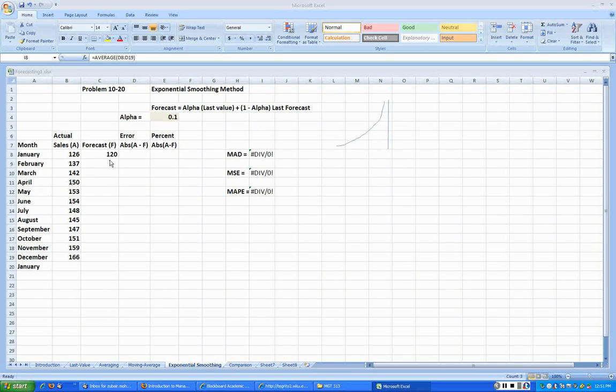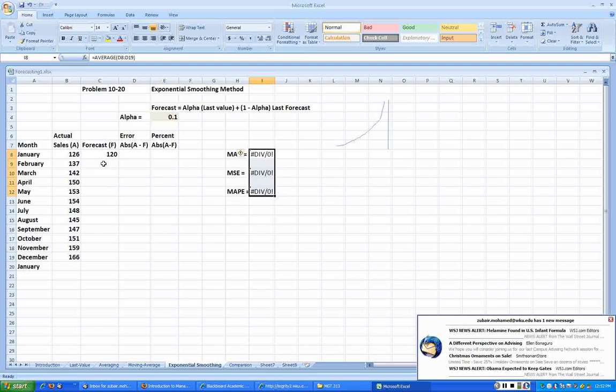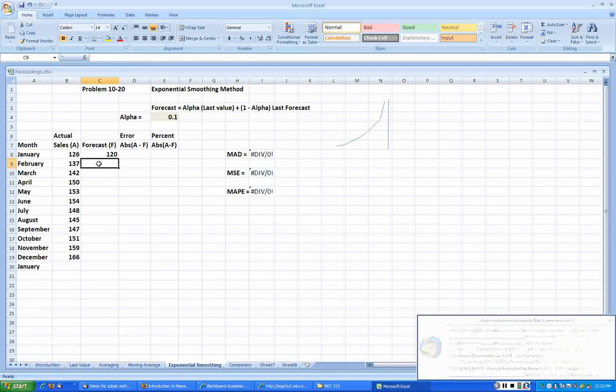Now for this problem, to make a forecast for February, we need alpha times the actual value for January, plus the forecast for January. Here you always take a beginning assumption. In the problem this is given to us as 120. Now let's use this formula here.